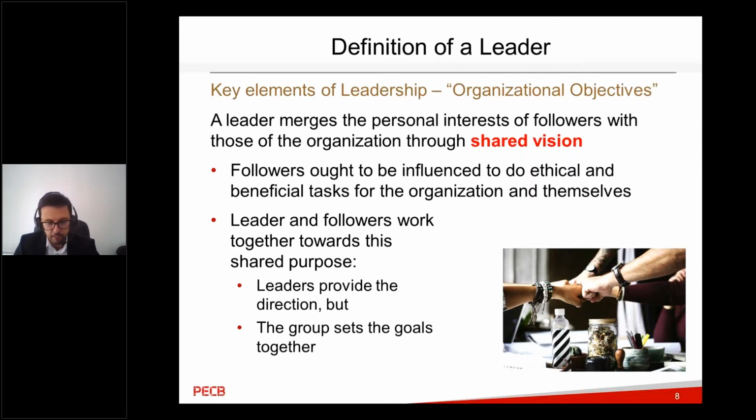So in this sense, we are saying that followers ought to be influenced to do ethical and beneficial tasks for the organization as well as themselves. And that is also the direction that we're talking about.